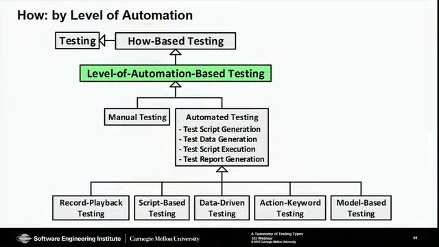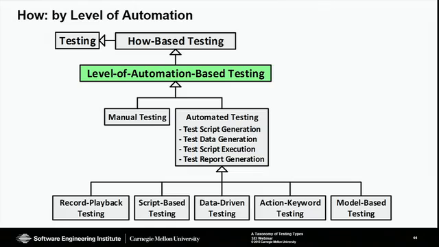Essentially, humans typing at a keyboard the whole time. Now, when it comes to the actual automated testing, we can automate the generation of test scripts. We can automate the generation of test data. We can actually execute the test scripts in an automated form, and we can report the testing. Those are the main things that our test tools do for us.